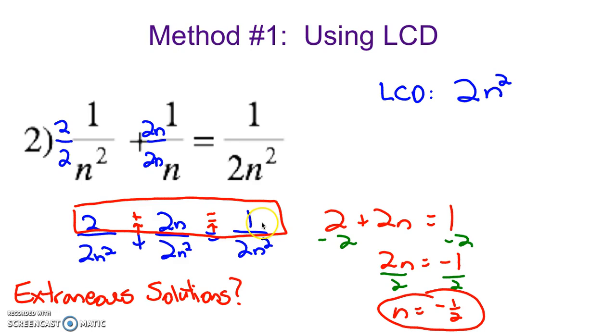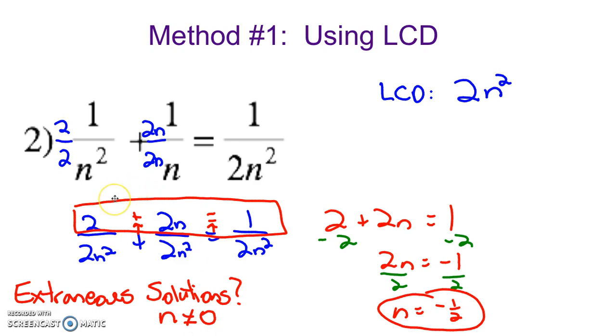Do you remember what causes a fraction to be undefined? I hope you recall that 0 cannot be part of the denominator, which means that n squared can't be 0, n can't be 0, and 2n squared can't be equal to 0. This tells me that n, in this equation, cannot be equal to 0.